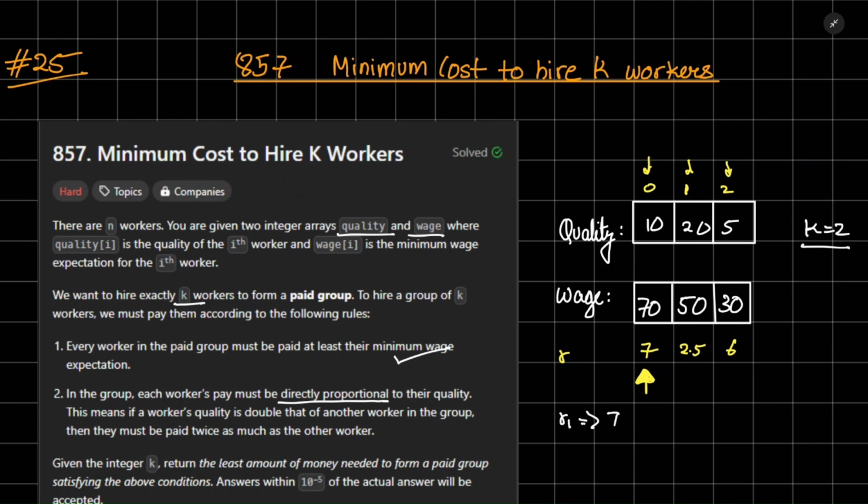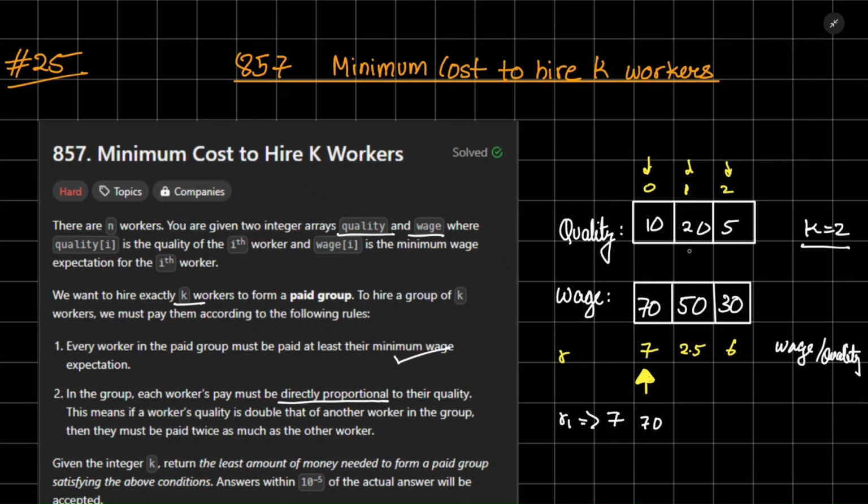So this is the first case where we choose the rate of the first worker. Then what are the prices that you have to pay to the other workers? For this 0th worker, you will have to pay only 70, because if you multiply 7 by the quality, since this rate is nothing but the wage per quality, that would be 70.